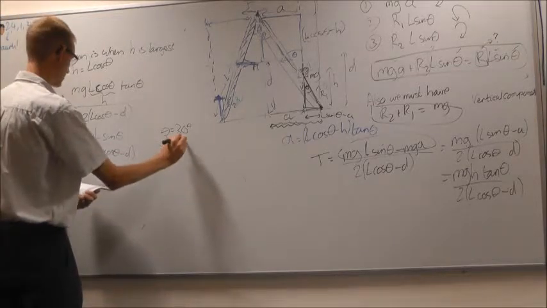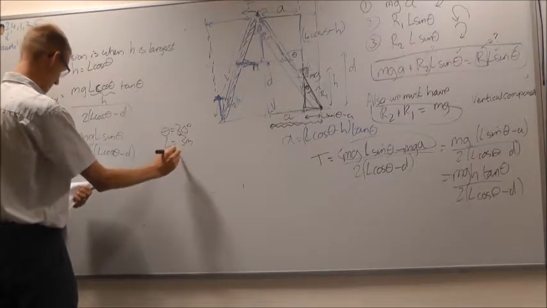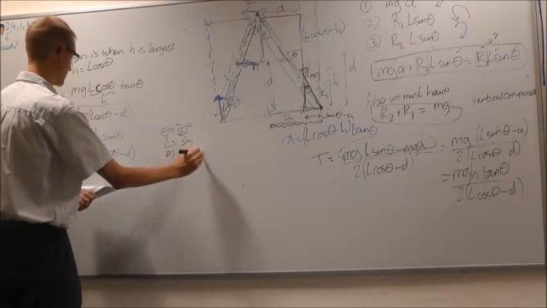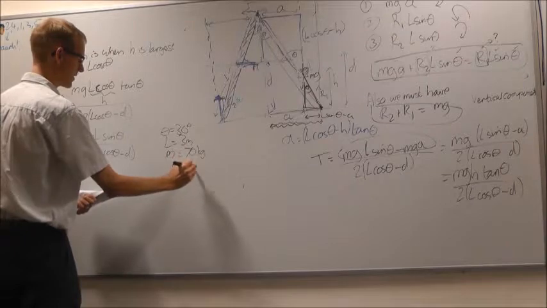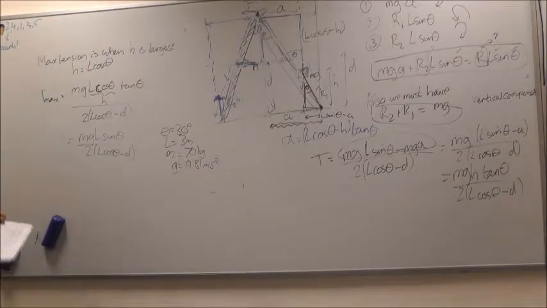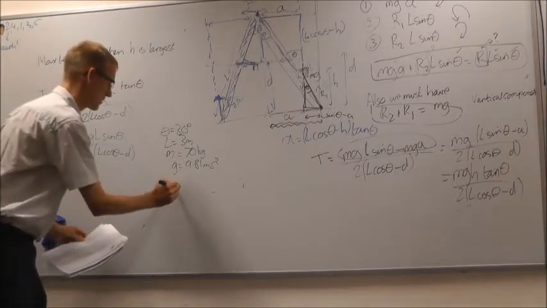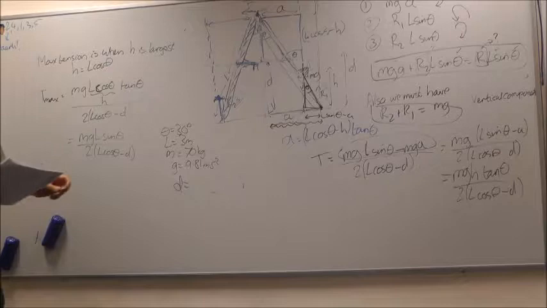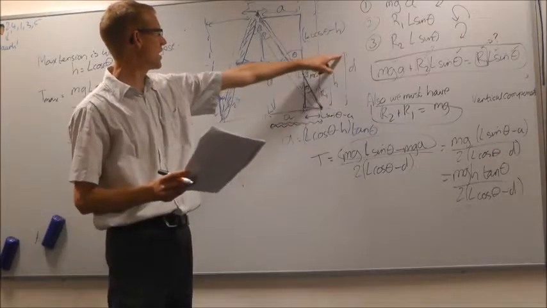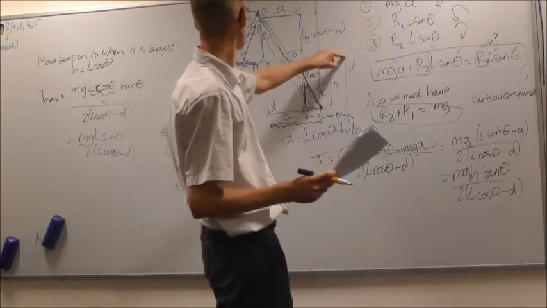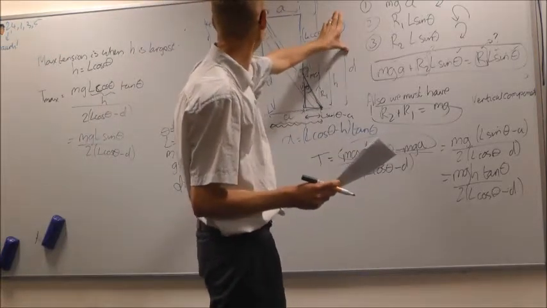L equals 3 meters. M is 70 kilograms. G is obviously 9.81 meters per second squared. D is what we need, which is that height there, which is going to be 2/3 of that height.